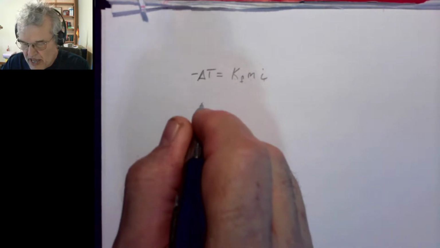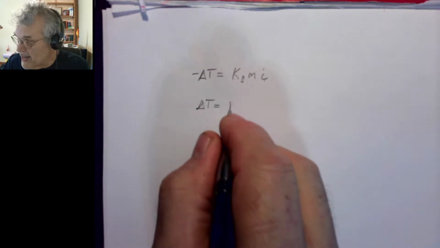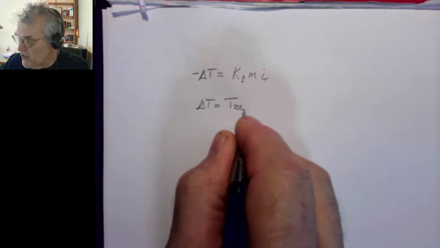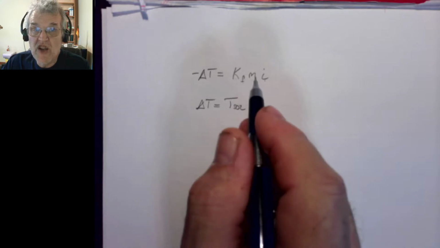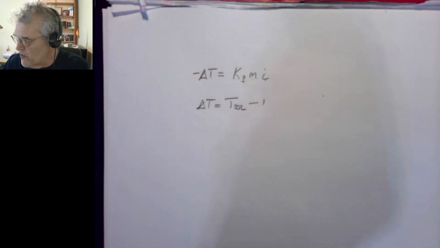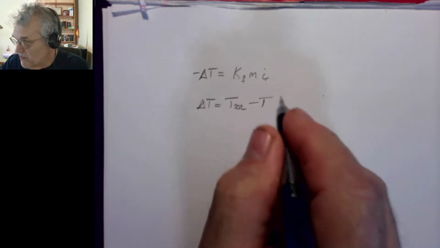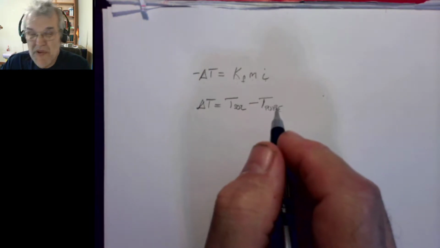Why? Well, if we're doing delta T, delta means final minus initial. Final in this case would be the temperature of the solution, that is the mixture of both the solvent and the solute, minus the freezing point of the pure solvent. Okay, well, let's say we're dealing with water.